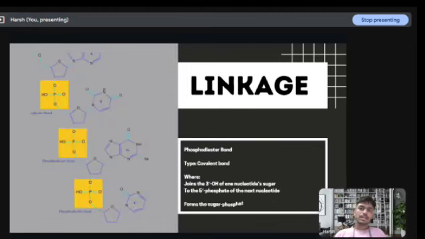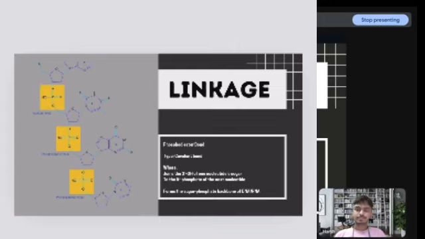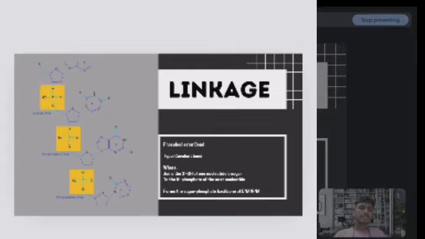Further, when I talk about the linkage, there is always a phosphodiester bond which is formed in the DNA molecule, and this phosphodiester bond is covalent, right? So there is sharing of electrons which is taking place.